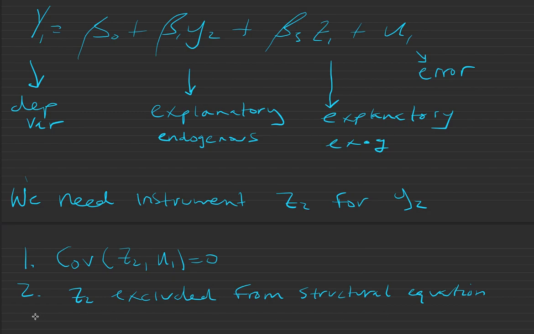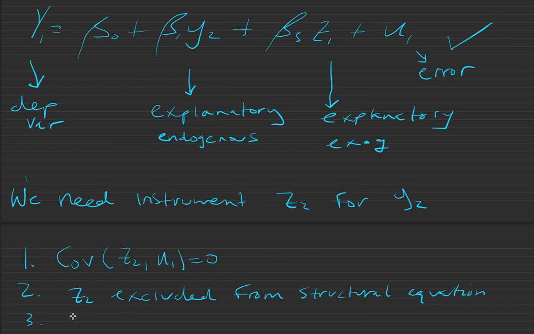Assumption 2 basically means that if you included z2 in the equation for y1, the partial effect of z2 on y1 would be 0. So z2 does not form part of the population true structural equation up here.